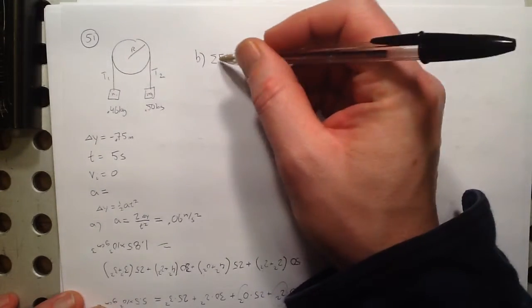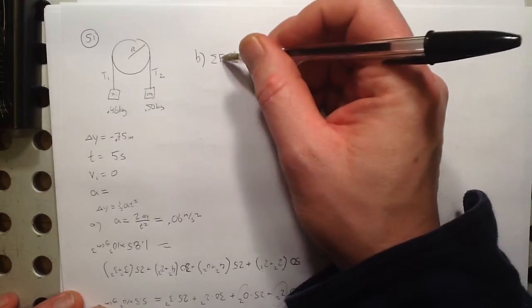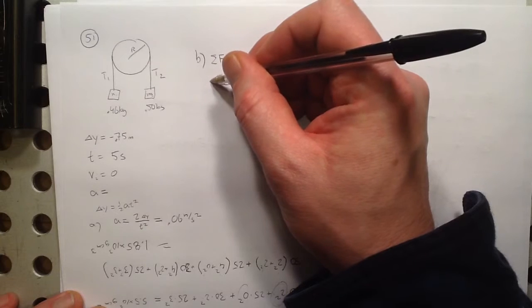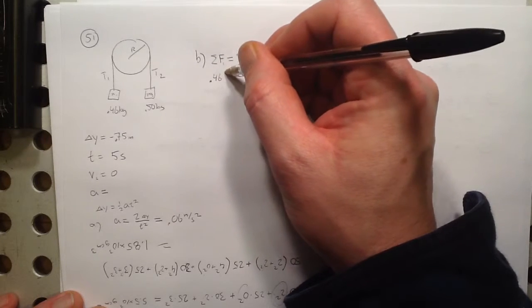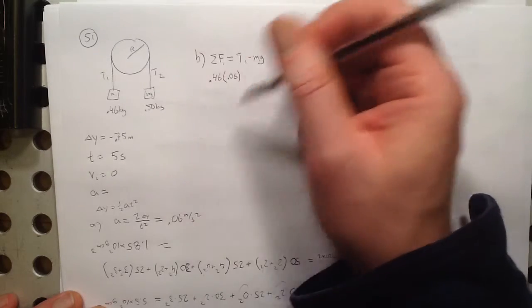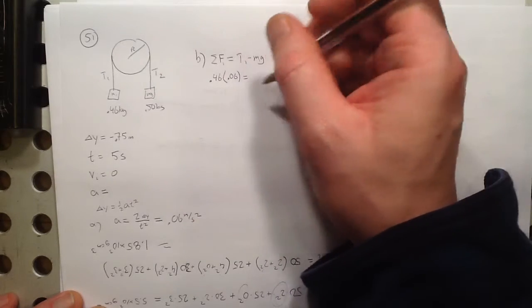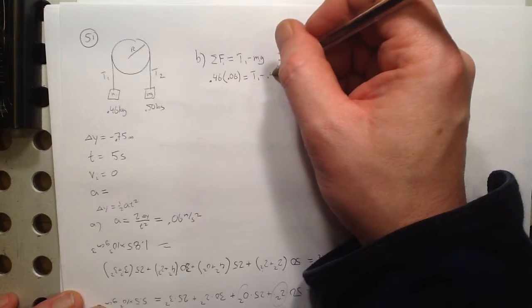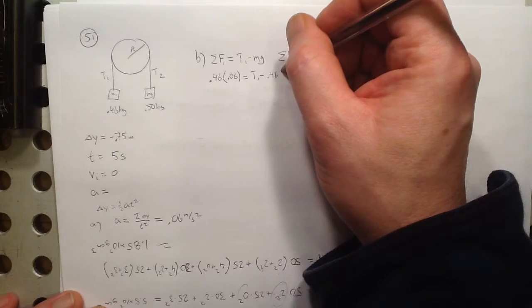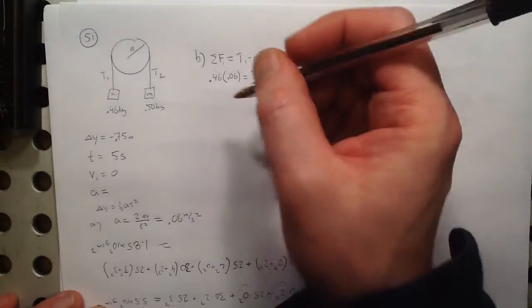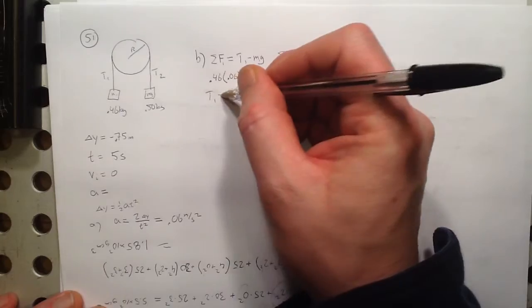Now, let's see, net force is equal to mass times acceleration. So the mass of this block is 0.46, the acceleration is 0.06, found that here. That's equal to T1 minus M1 times g. So I think that's going to give us T1, right?